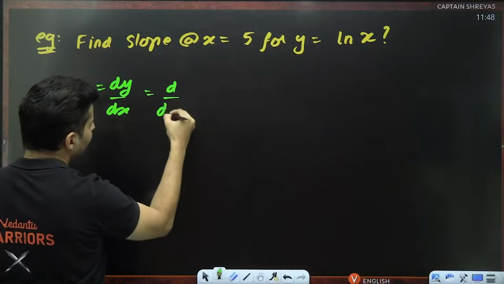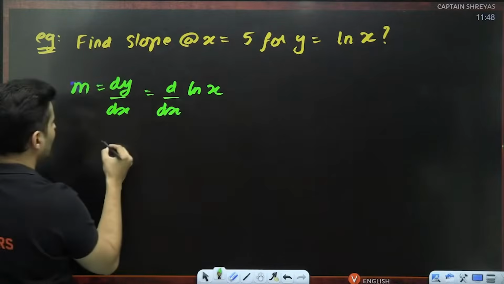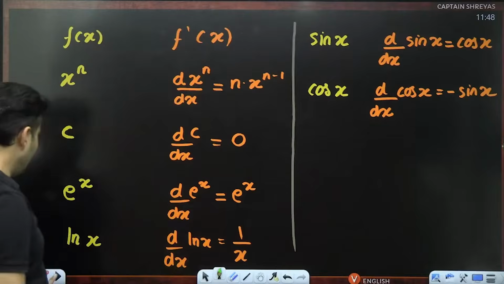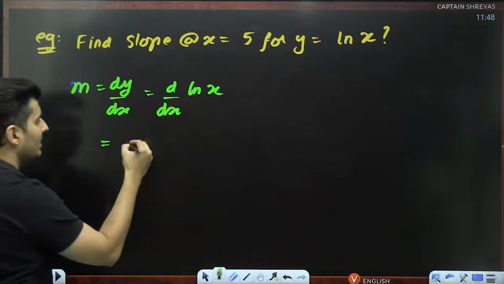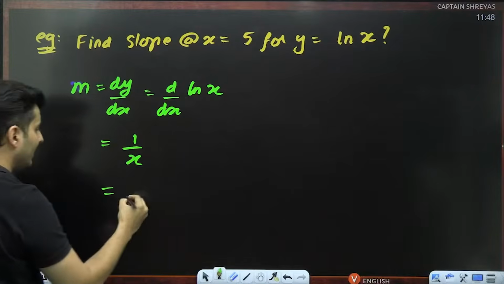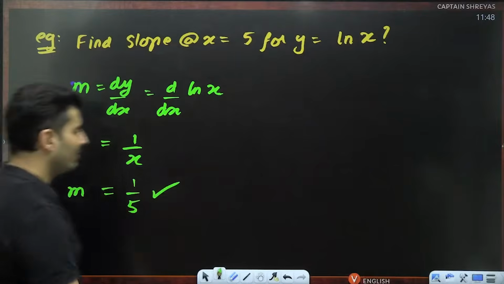That means I have to find the derivative of ln x. Instead of y, I put ln x. What is the derivative of ln x? I just showed it to you right over here. It is nothing but 1 by x. So just put 1 by x. But I have to put the value of x as 5 in the end. So 1 by 5 is the answer. That's it. The value of the slope is 1 by 5.